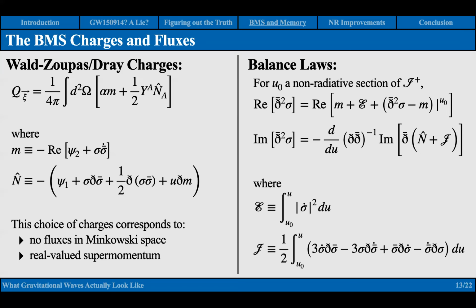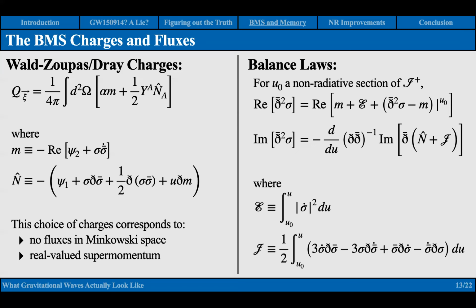This term on the left only has contributions when you're looking at harmonics with L greater than or equal to 2. If you look at the L equals 0 component of this equation, that's just the mass energy conservation law. If you look at the L equals 1 harmonic, that's just the momentum flux conservation law. The higher harmonics are what we call these super translation balance laws.